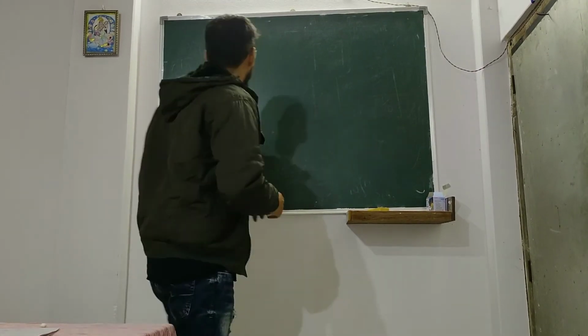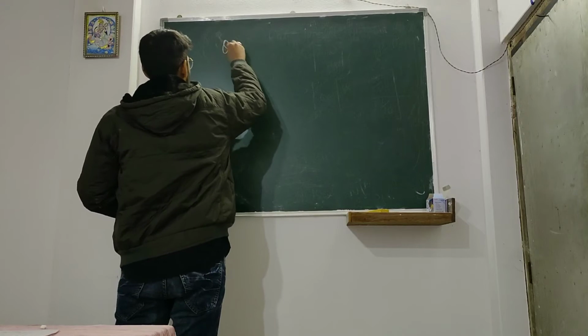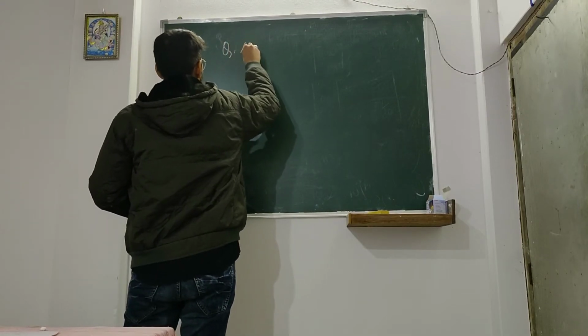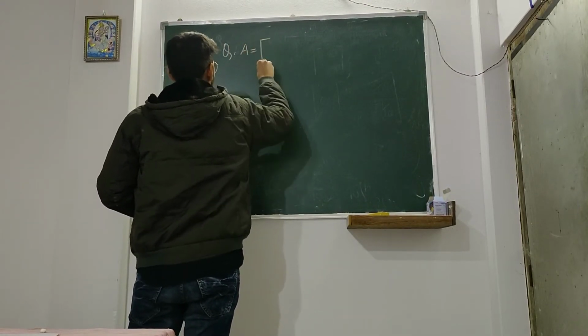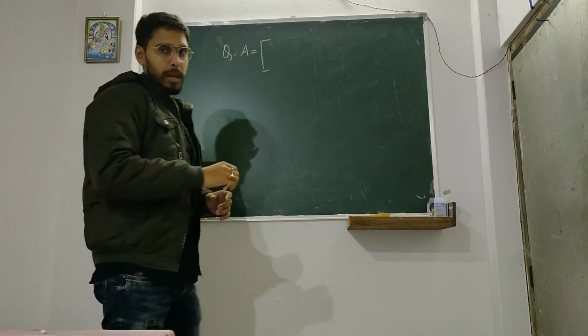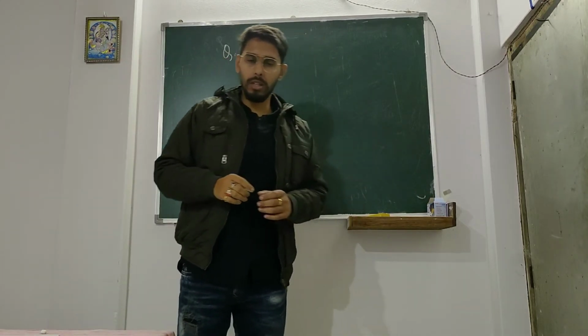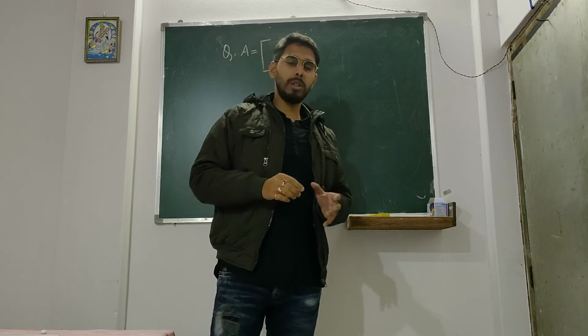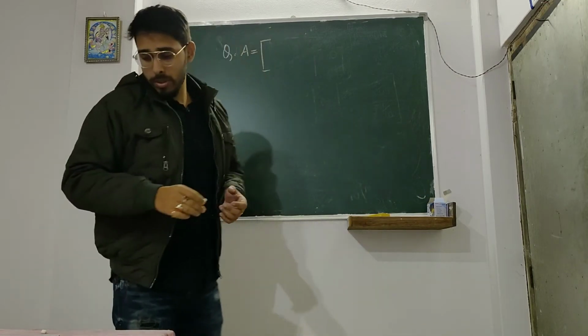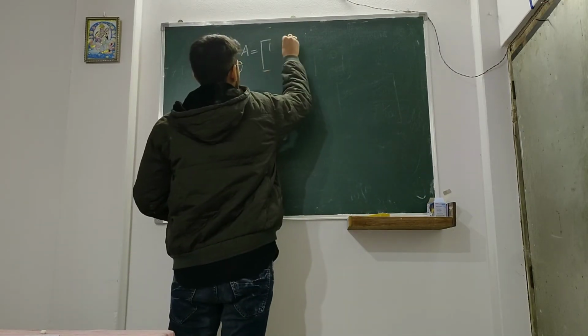Okay, so let us do a question in order to solve this problem. The question goes like this. You are given a matrix A, so I will just repeat the previous matrix that we did for the last video using Cayley Hamilton Theorem to find out the inverse. So it was 1, 3, 4, 2.